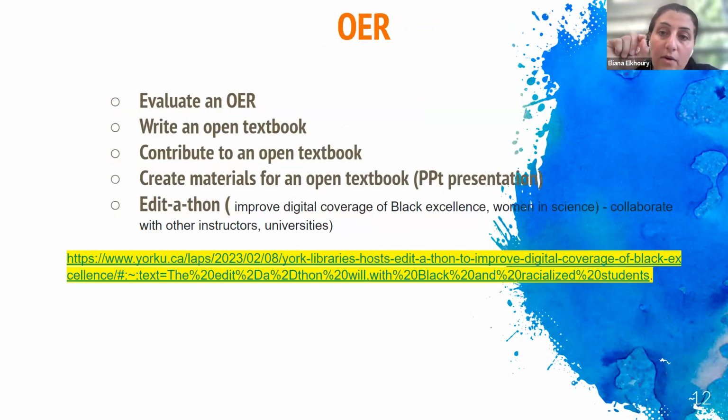And the open educational resources connects to the one before, but I wanted to give more examples. For example, evaluating an open educational resource. This is something that I would like to do with my students. And I know there are a lot of books, for example, in sociology and education, or in different topics, that are online.